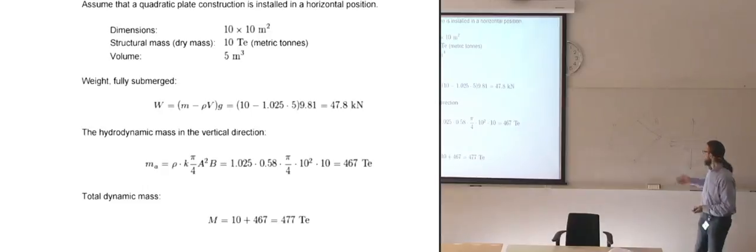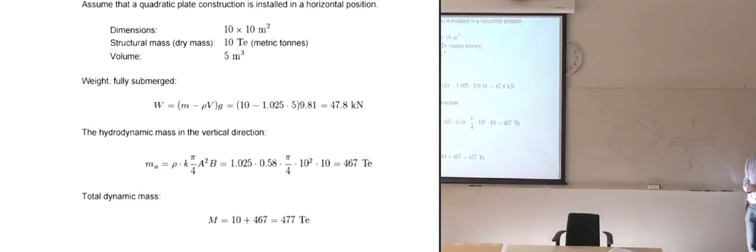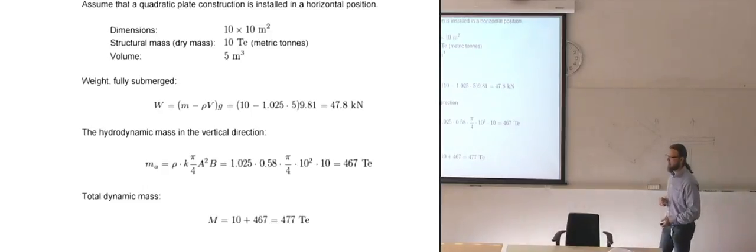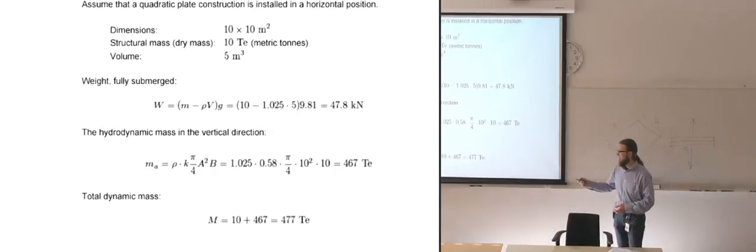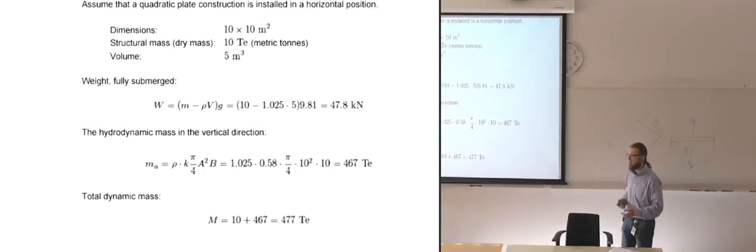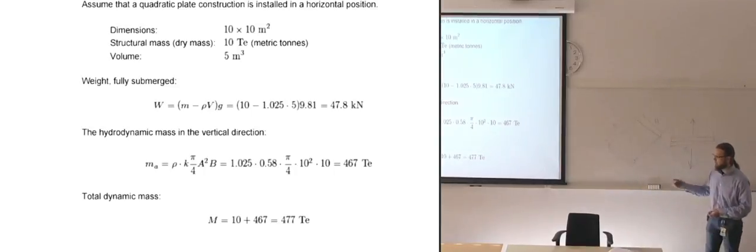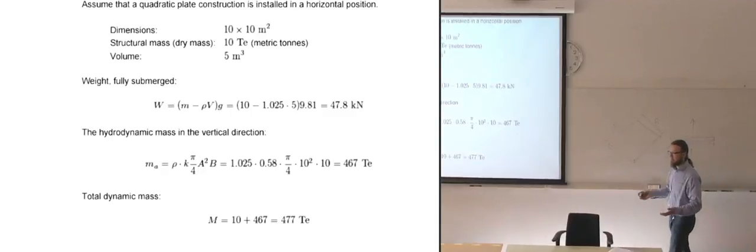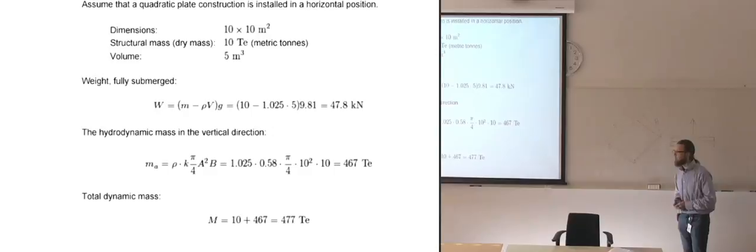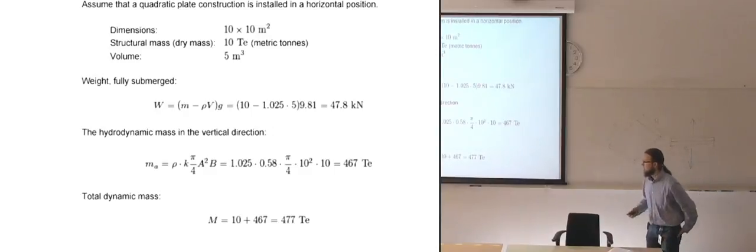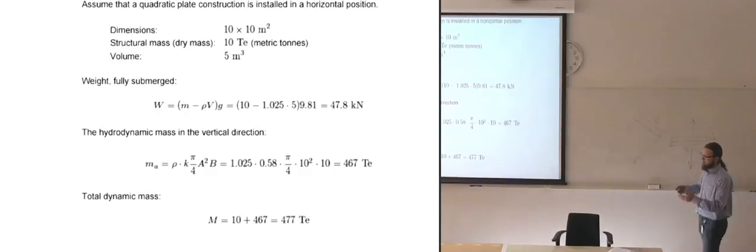Which means that if we're going to pull it back up again, we have to really think about the crane that we're using. We can't use a 20-ton crane, because a 20-ton crane can't handle all of that hydrodynamic mass. So we're going to have to use a 500-ton crane instead in order to be able to actually lift the stuff. So lowering it down is going to be fair enough.